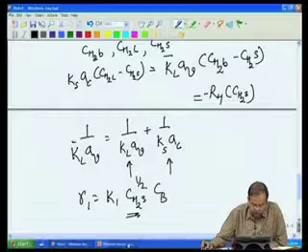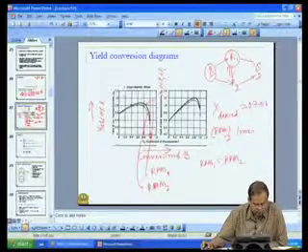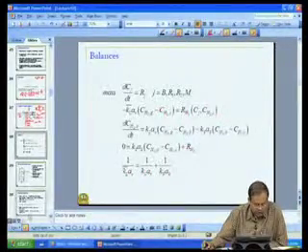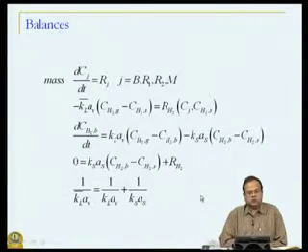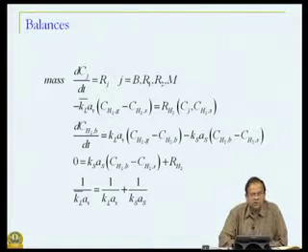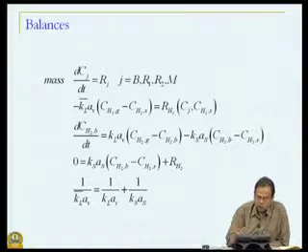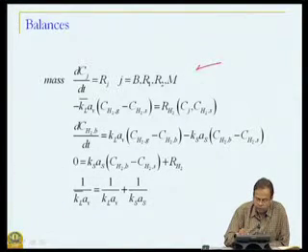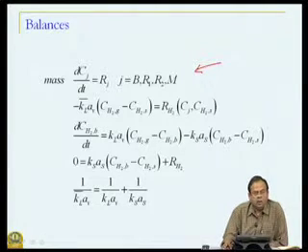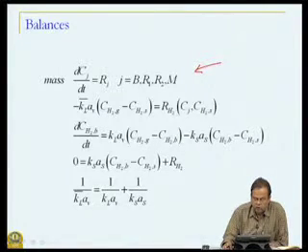equations. So, now the next step of our design would be to write the mass balance equations. What are our mass balance equations? For components in the liquid phase, that is those 4 components B, R1, R2 and S, we have dCj/dt equal to Rj, the corresponding rates.